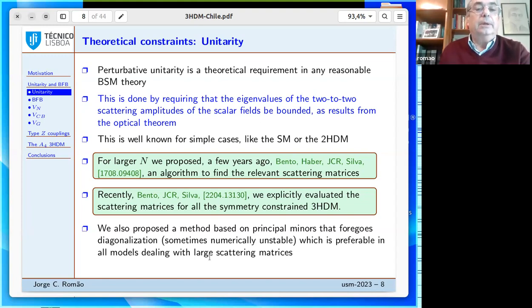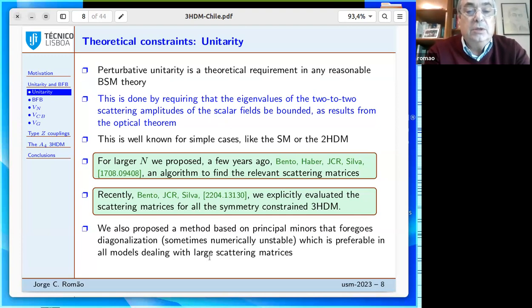Then for any NHDM, we can produce an algorithm to find the relevant scattering matrices. Some, of course, can be quite large. Recently, we have explicitly evaluated the scattering matrices for all the symmetry-constrained 3HDM that were shown in the table and discovered by Ivanov before.